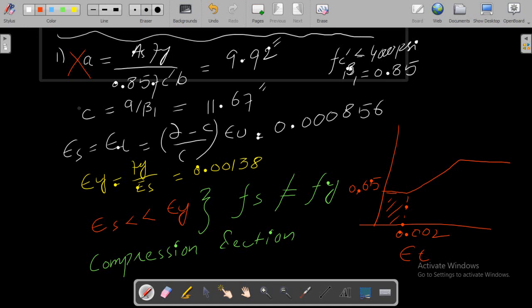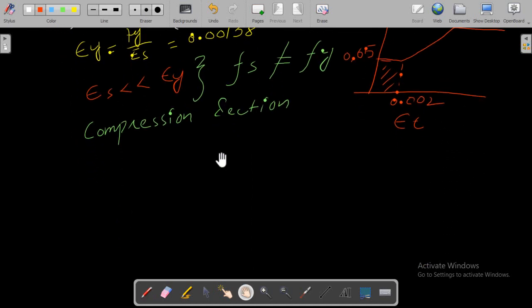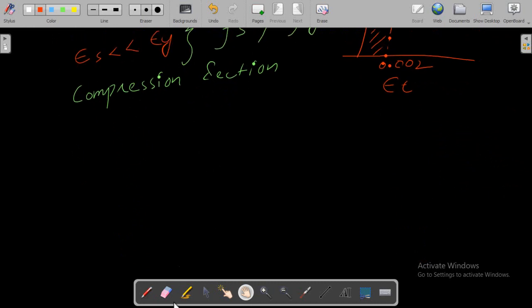We have to find these values again for an over-reinforced section. This is the case I have already explained and discussed in lecture 01, part 06, I think.